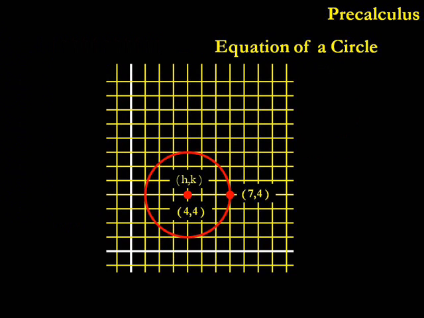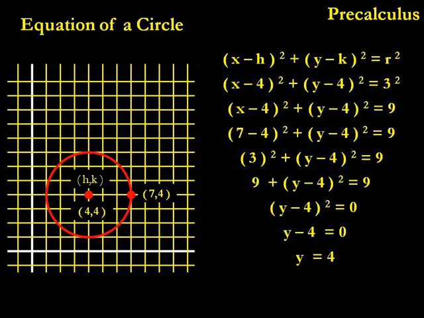So here we have, just by the way I put up the x and y coordinate, a center of h, k, which is 4, 4. And one point on the line of the circle is 7, 4. So here again we're looking at the same equation, x minus h squared plus y minus k squared equals r squared. Just take the numbers and we're working down the page on the right there.